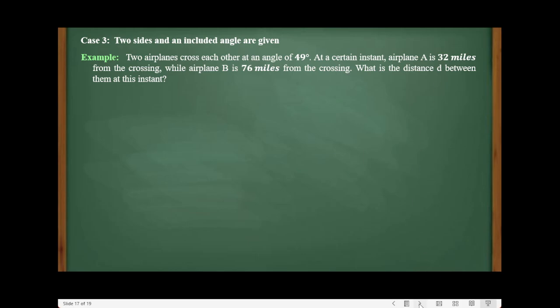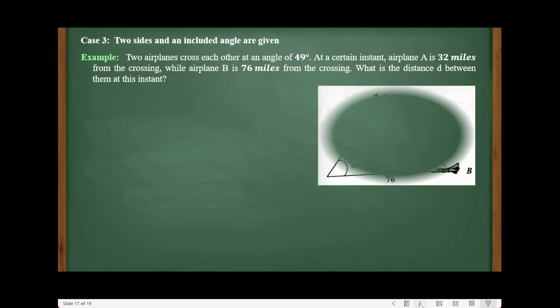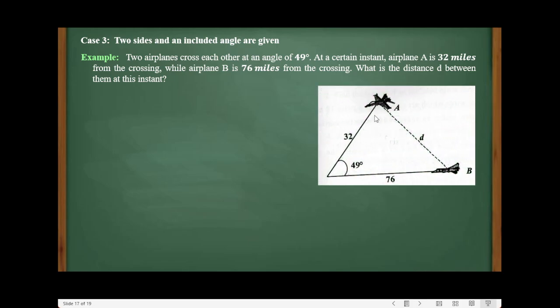Okay, so we need to illustrate the problem. Now, these are the planes. So they cross each other at an angle of 49 degrees. At a certain instant, airplane A is 32 miles from the crossing. So this is the crossing point. While airplane B is 76 miles from the crossing.